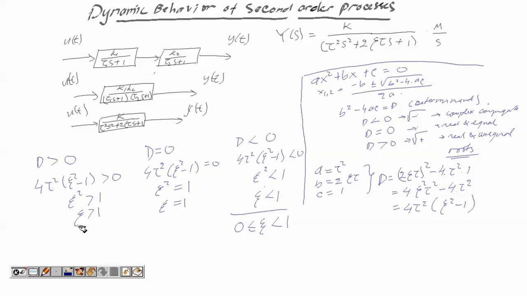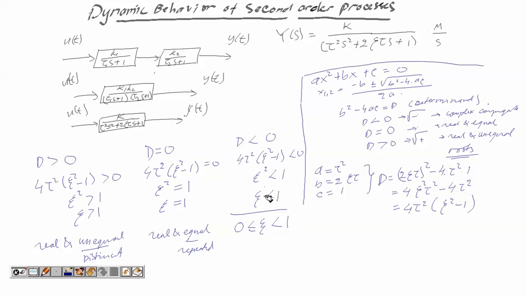If zeta is more than 1, we will produce real and unequal or distinct roots. If D is 0, we will get real and equal or repeated roots.